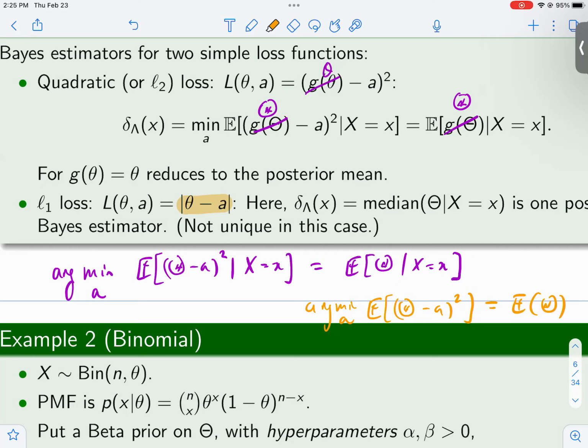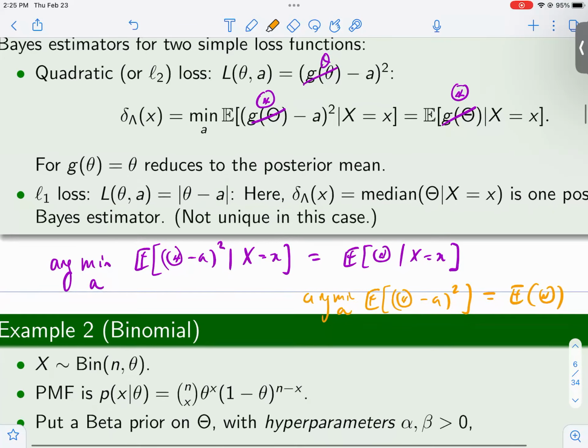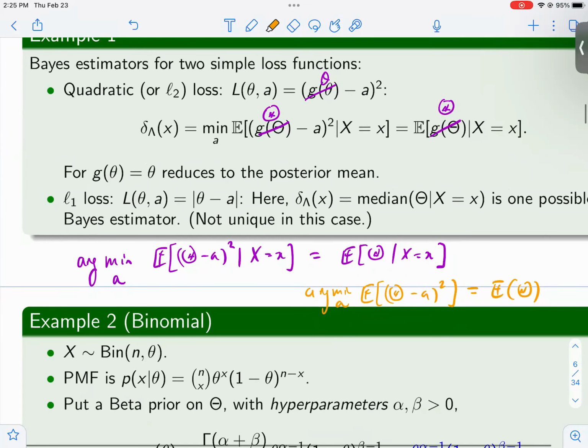In some other cases, it would be the mode of the distribution that you might see in your forward problems. But it would be a feature of the posterior. For quadratic loss, it would be the posterior mean. So if you really care about the optimal Bayesian decision rule for quadratic loss, it would be just the posterior mean. So you calculate the posterior, compute the mean, and that would be your best estimator, a minimizer of Bayes risk.